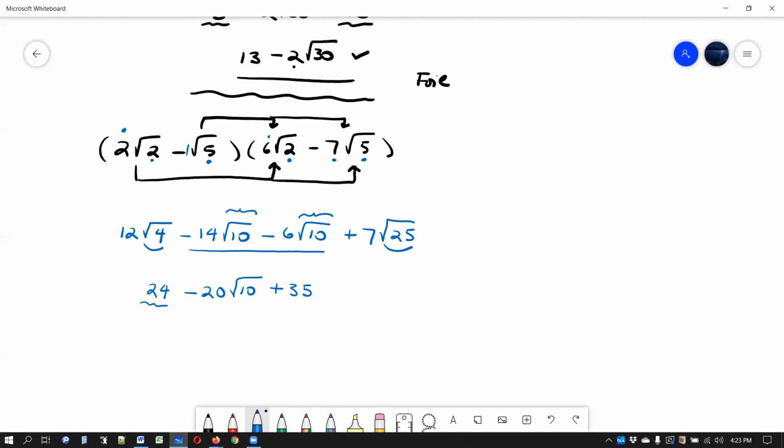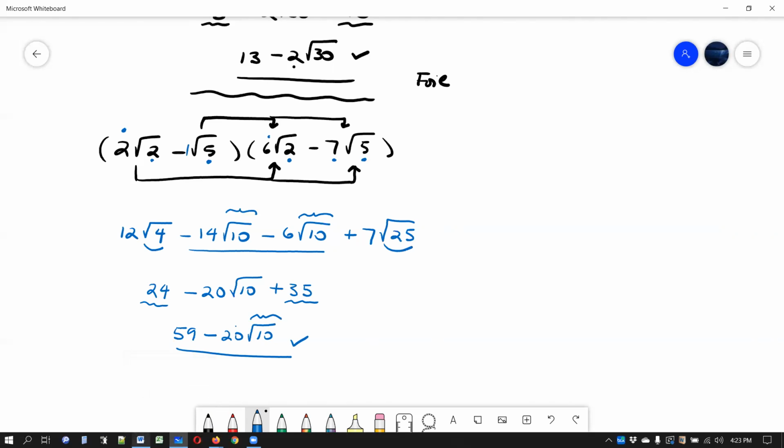We combine the 2 numbers, 35 plus 24, minus 20 radical 10. And again, do not combine the 59 minus 20 because that would be incorrect. Stop right here. The 20 is attached to radical 10, so you cannot do 59 minus 20. This would be the end of the problem right here, as you see.